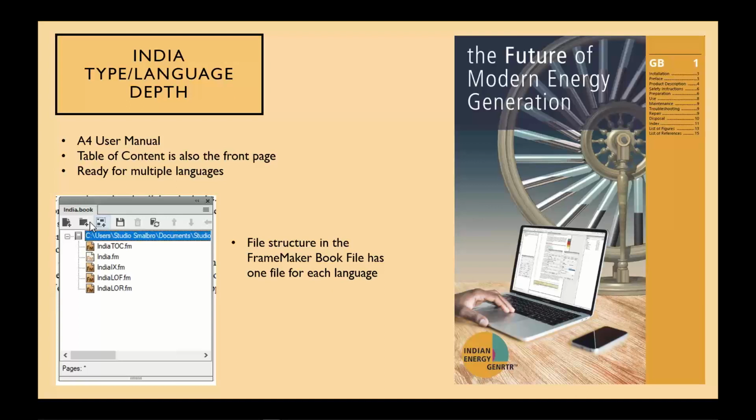So I've done that in my template also, and if we take a look at how it's organized in FrameMaker, we can see the table of content has become the front page, with the main chapter here, and then the generated files, the index, the list of figures, and the list of references.